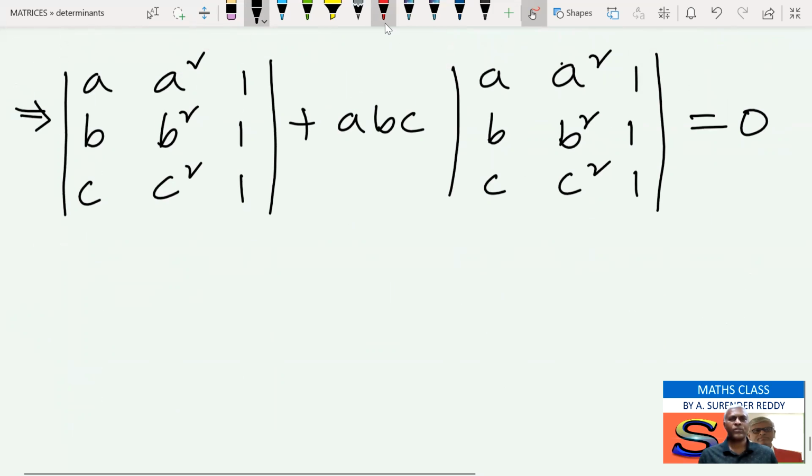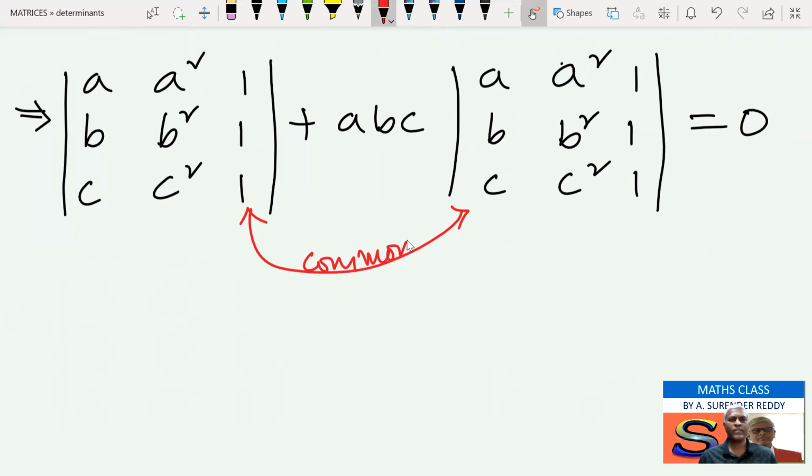And taking these two determinants as common, we are taking this common. A square 1, B square 1, C square 1.